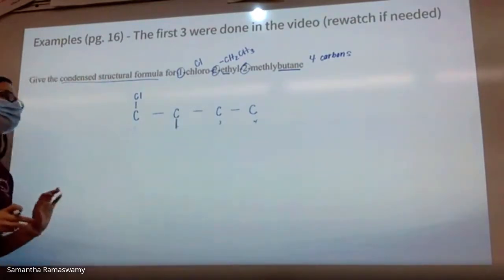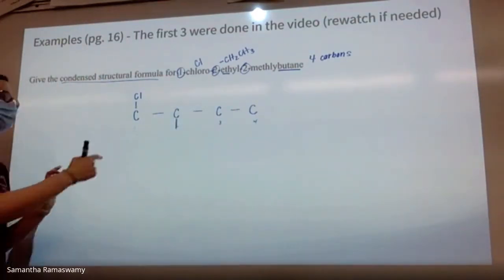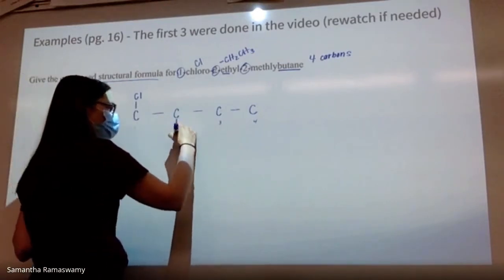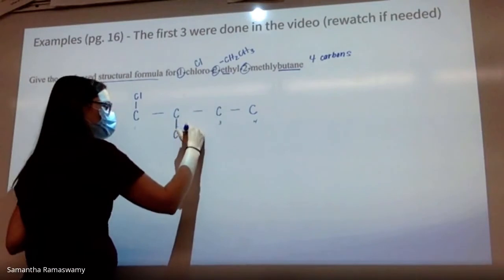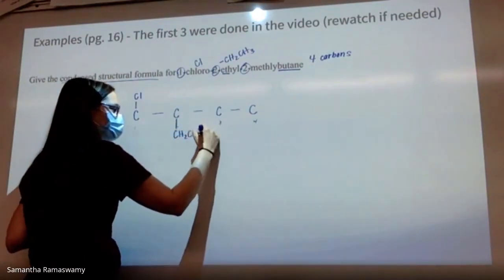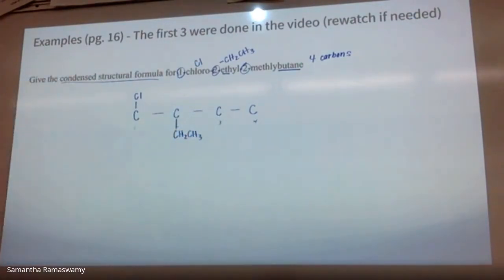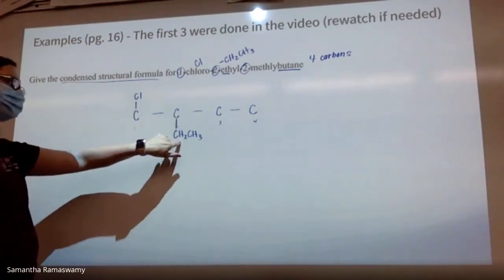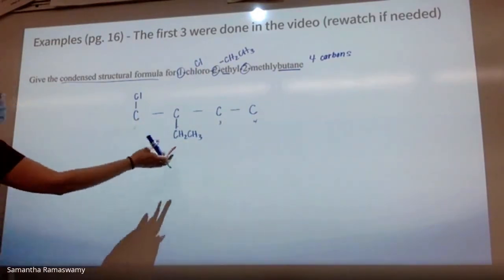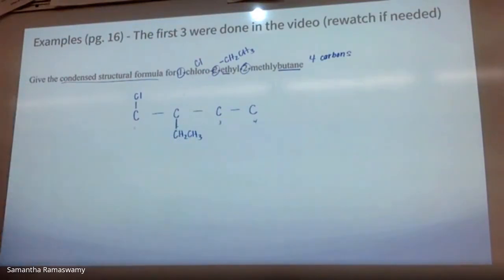Be careful when you're showing your substituents because this carbon is single bonded to the carbon. Then I'll do CH2, CH3. So we have carbon single bonded to this carbon, right, CH2, CH3. This is condensed. We're not showing every hydrogen off of the carbon, we're condensing it down.